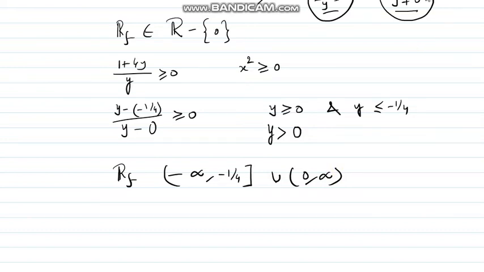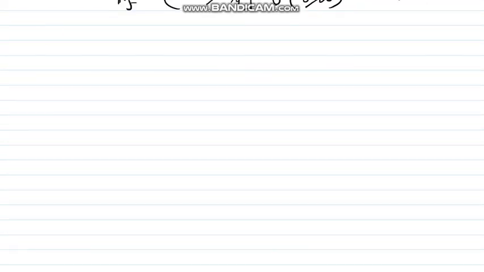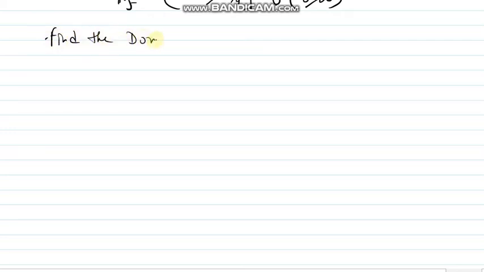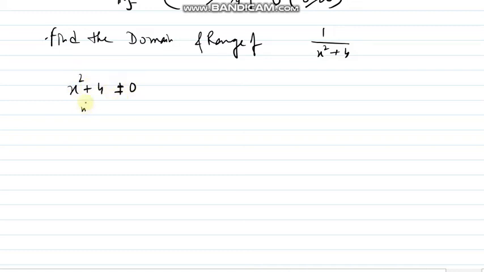Is it fine? Next one, find the domain and range of 1 divided by x square plus 4. First, for the domain, x square plus 4 is not equal to 0. That means x square is not equal to minus 4, which is not true for any real value of x.